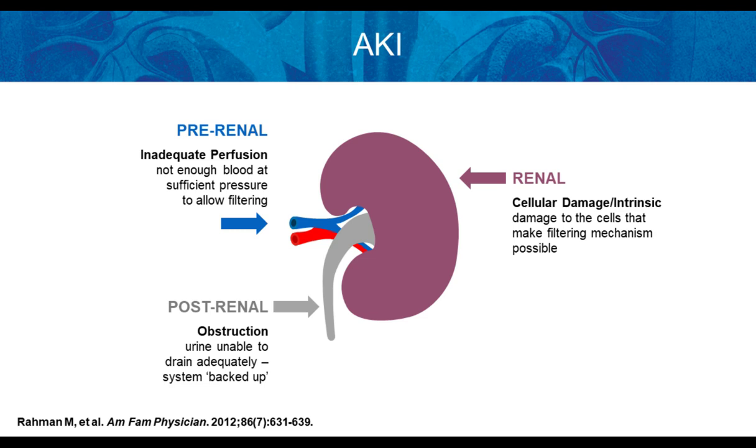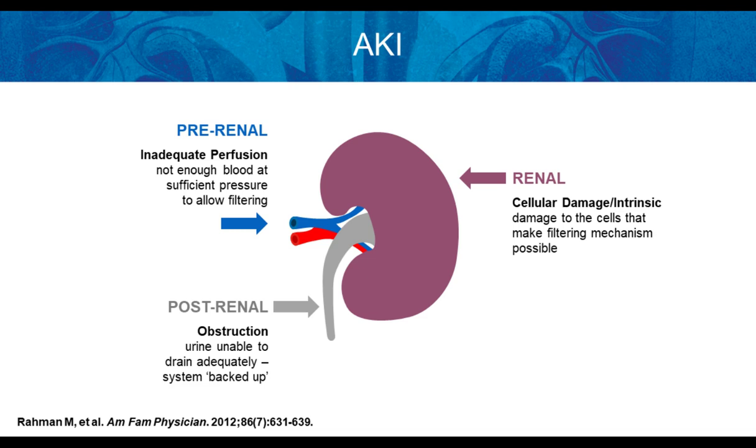Now, stepping away from chronic kidney disease, when we're in the cath lab administering iodinated contrast, we create this risk of acute kidney injury. And there are multiple causes for acute kidney injury. There are 3 basic categories into which these fall. One is the pre-renal category. That's because of inadequate perfusion to the kidney, typically not enough blood or volume.